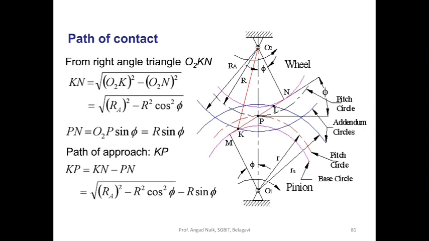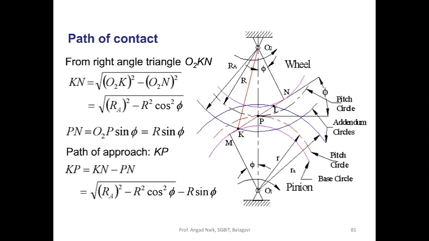From right angle triangle O2KN, by applying Pythagoras theorem, we can write KN is equal to square root of O2K square minus O2N square. O2K is nothing but Ra square.